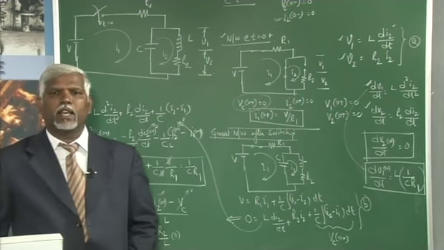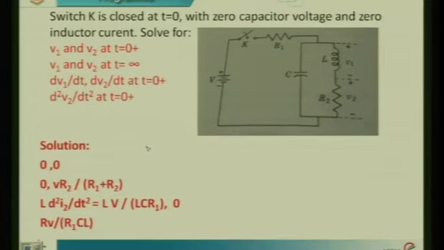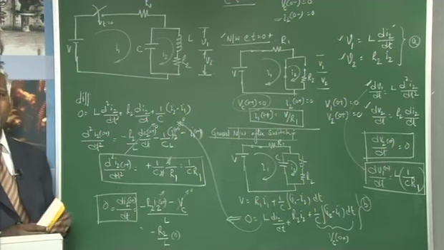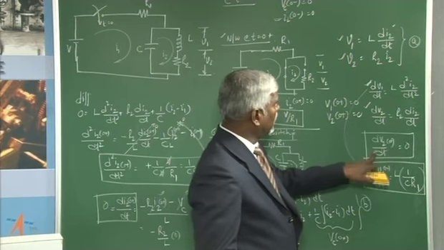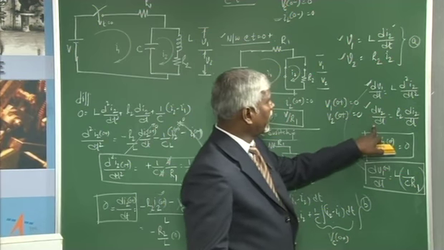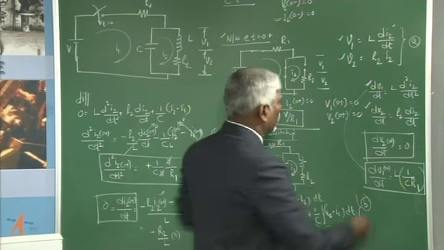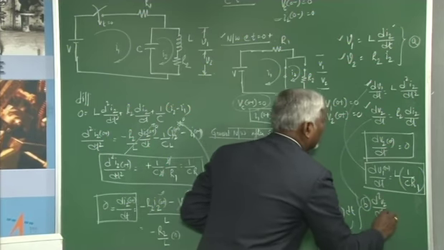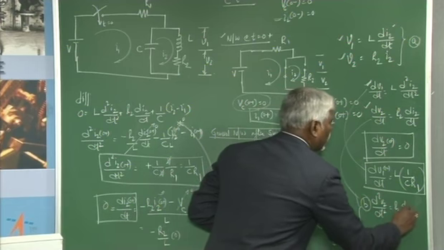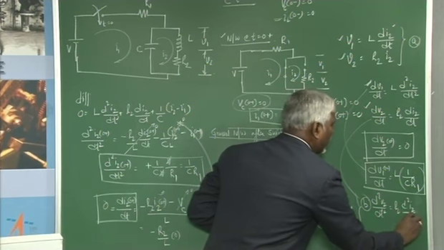And they have asked us to calculate V1 and V2 at t equal to infinity. So, we also want to evaluate d squared V2 by dt squared. We obtained dV2 by dt; differentiate this again. So, d squared V2 by dt squared is R2 d squared I2 by dt squared.